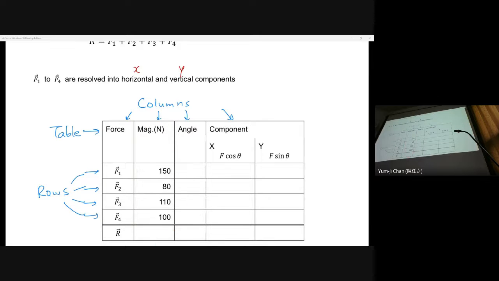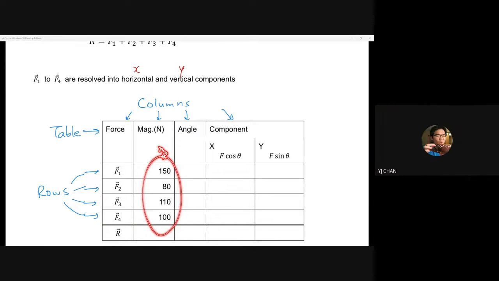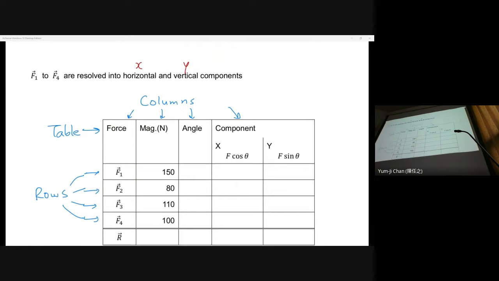Of course, these are given in the question. You can look at the figure. The first one is 150, the second one is 80, and so on. Now, in the third column, we write down the angles.